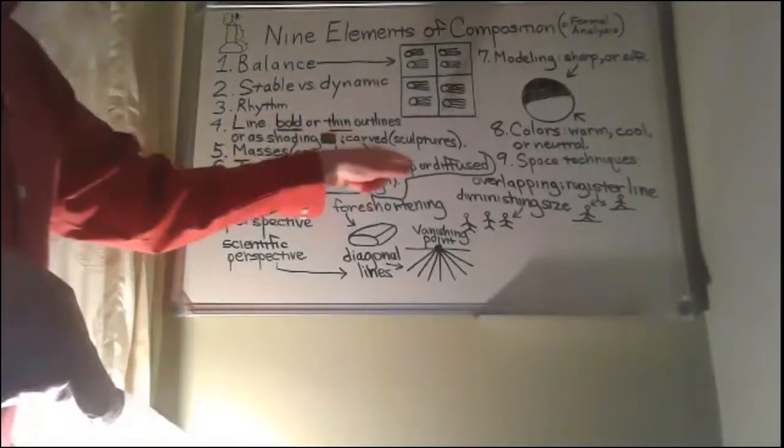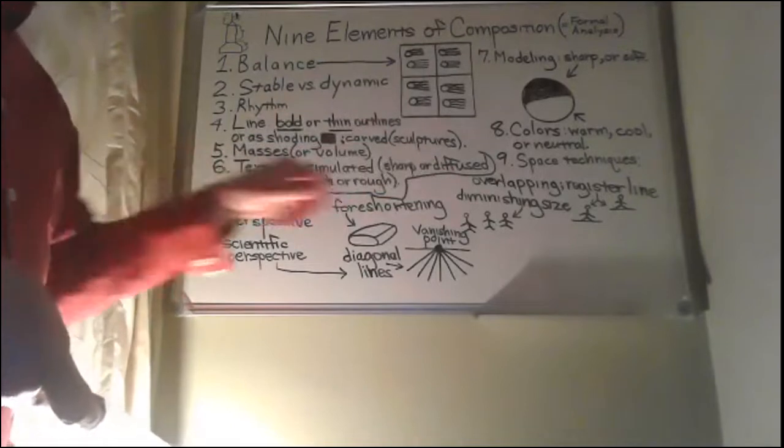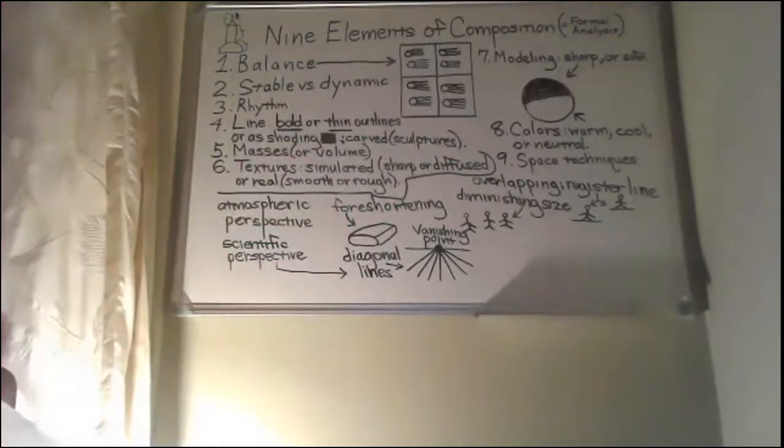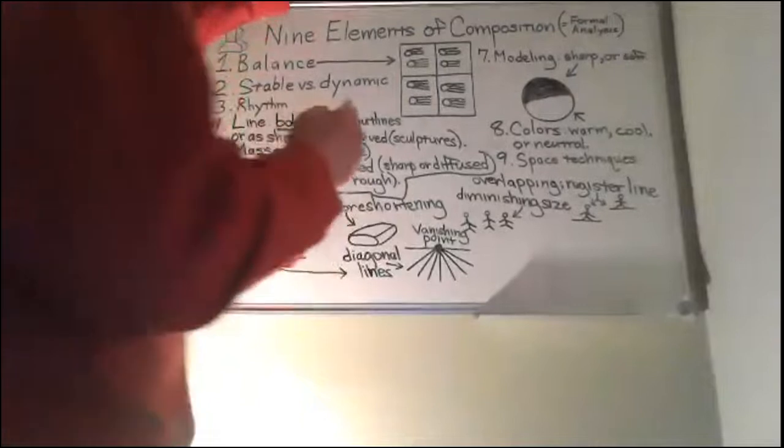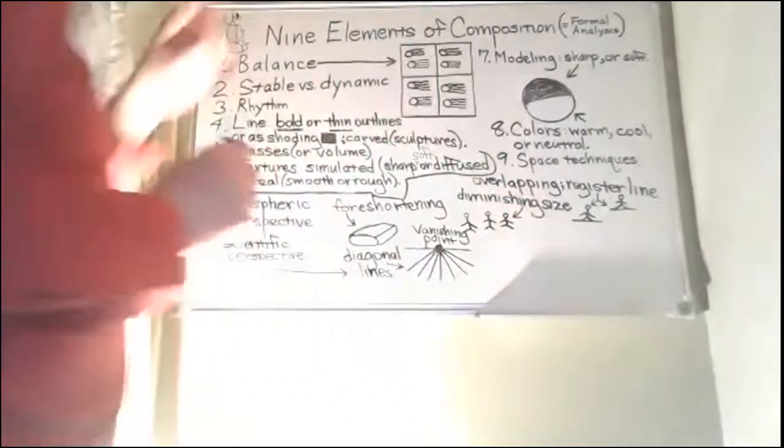If they're not sharp, like in an Impressionist painting, we are covering that, of course, in this class, then that would be diffused or soft. You could say it either way, soft or diffused. I should probably write soft or diffused on there, because you can see the difference when you look at an Impressionist painting. It's not sharp and realistic. It's not supposed to be. Because Impressionism is all about softer, diffused use of textures.